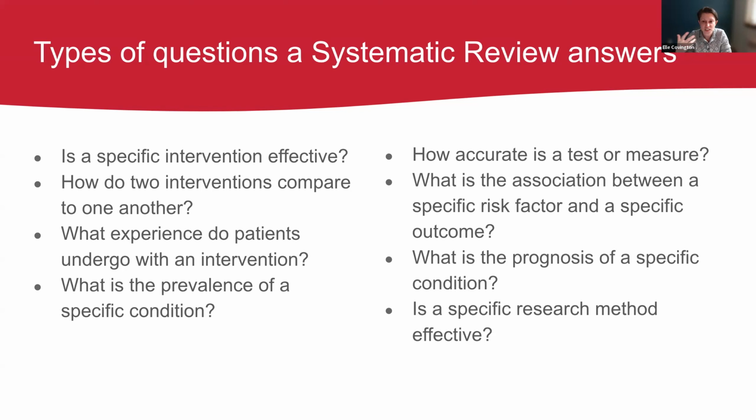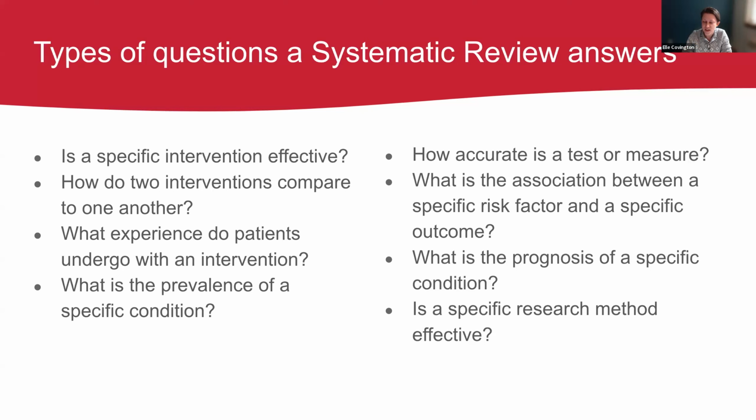What is the patient experience of that intervention? Prevalence is another big one. What is the prevalence of this specific condition or this phenomenon that we're looking at? How prevalent is it? The accuracy of a test or a measure, diagnostic accuracy, is a huge thing that people will use systematic reviews for.